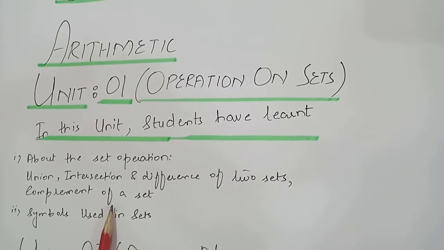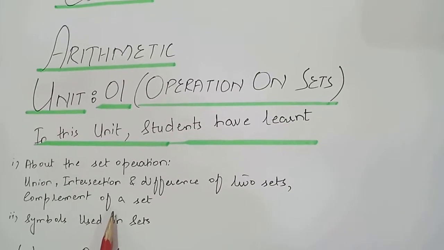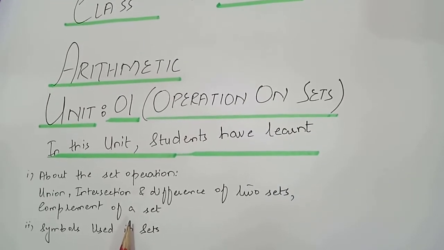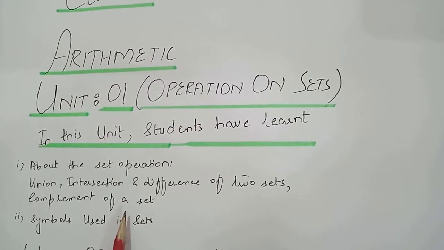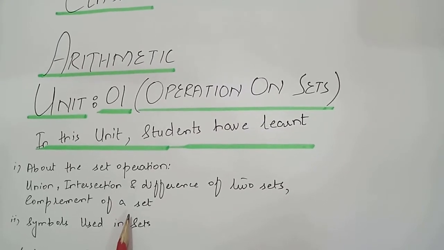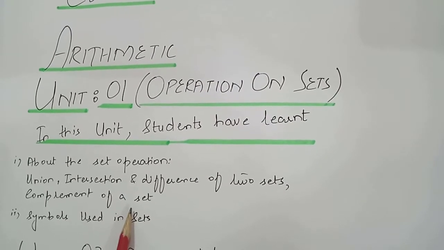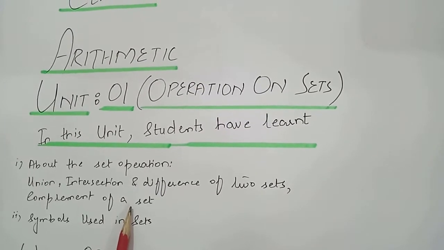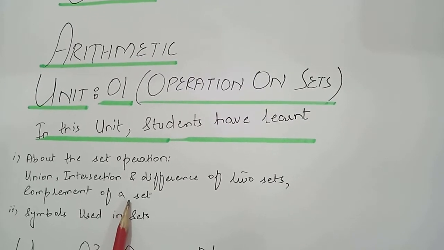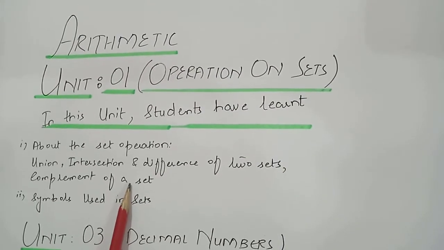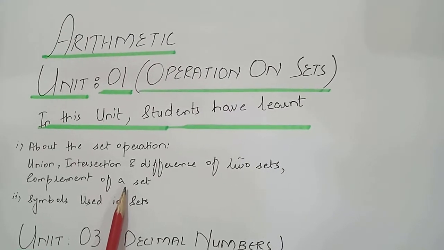If a set A is a subset of a given universal set, then the set of elements not in A is called its complement set. The formula of complement set: U minus A. When we find A complement, write down U minus A.